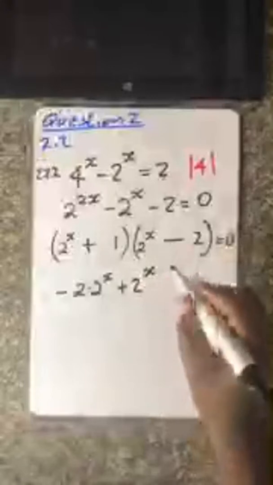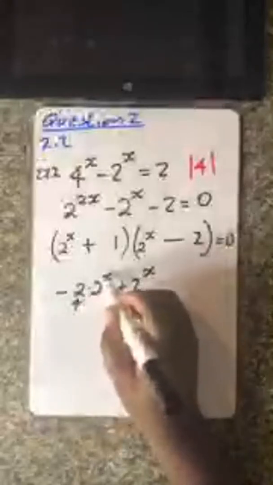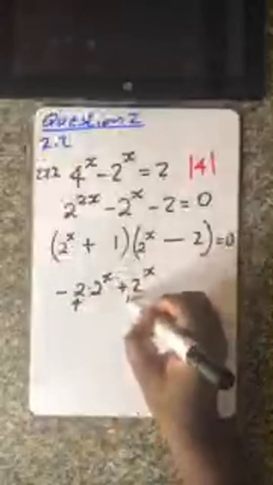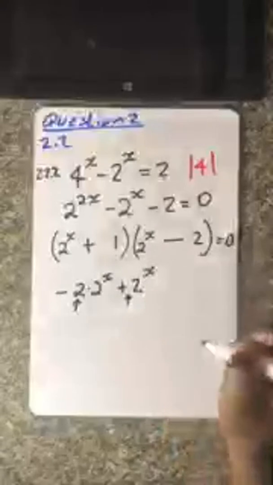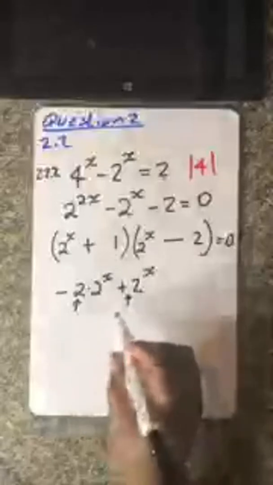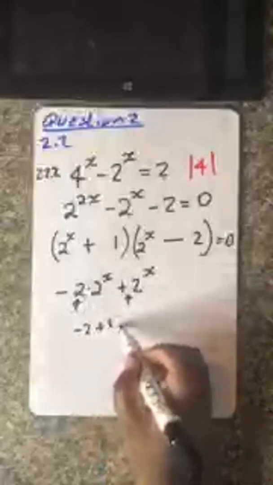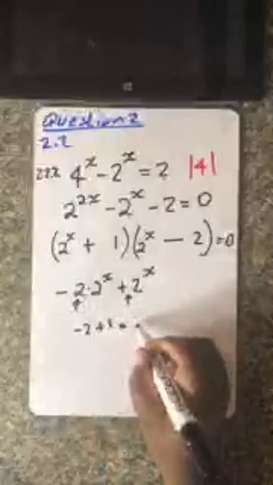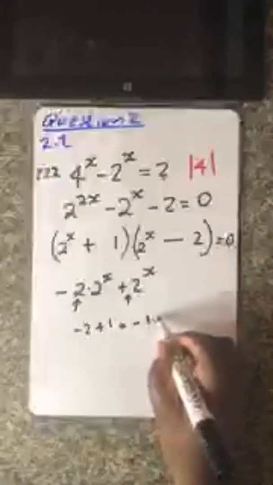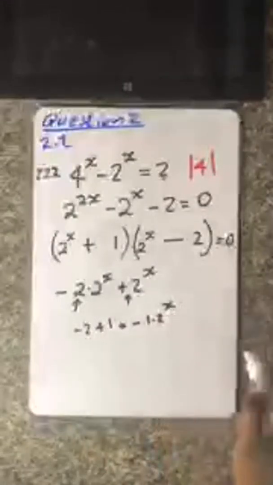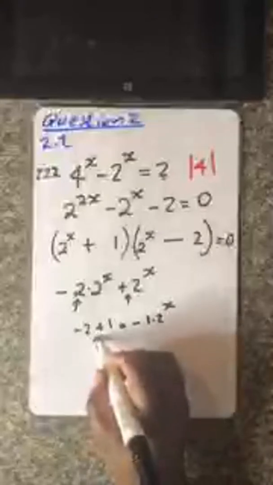Okay, so ladies and gentlemen, it's more like you have negative 2 of 2 to the exponent x and you have 1 of 2 to the exponent x. So maybe let me just write this so that you understand.